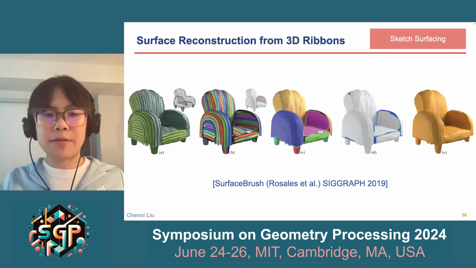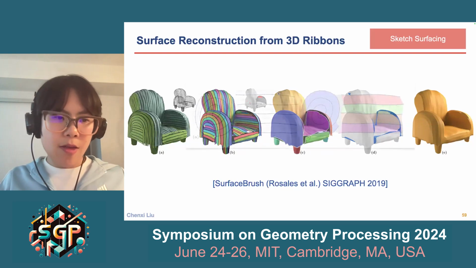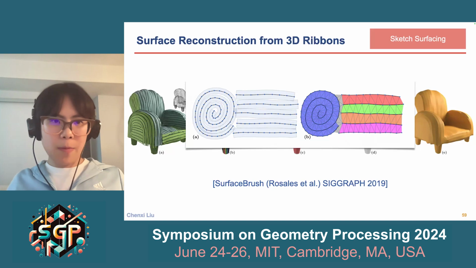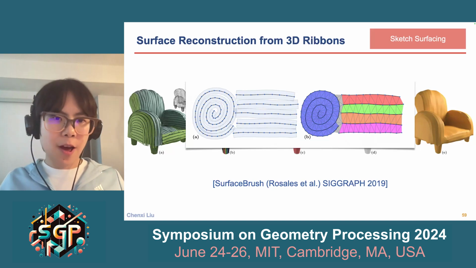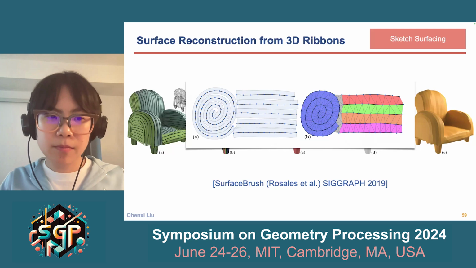When we are reconstructing from 3D ribbons, we have extra connectivity information. This will allow us to sew the surface by matching the points on the stroke center lines. So we can see the points on the center line on the left, and they are sewed together into a single piece of surface on the right.